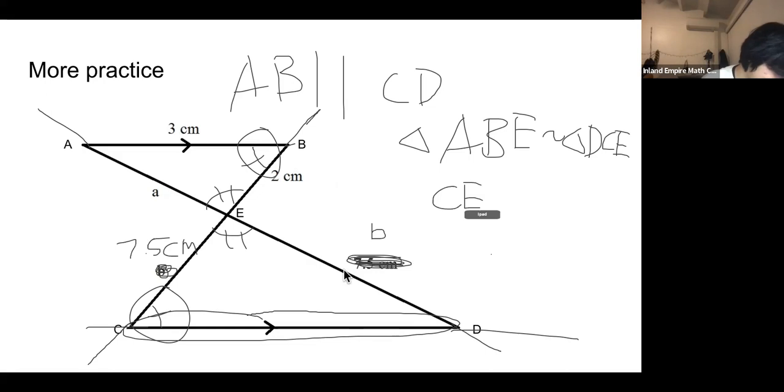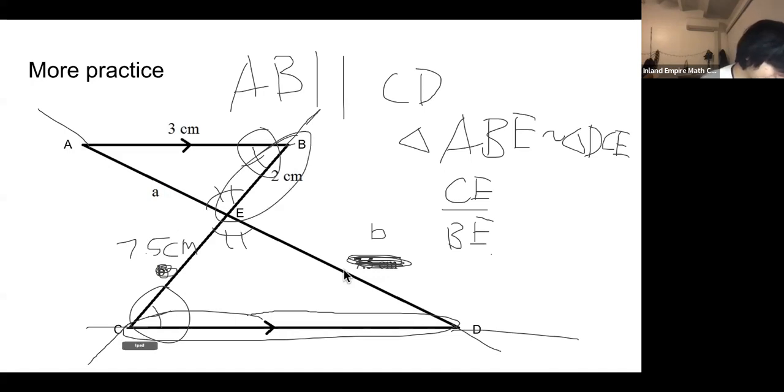So CE equals 7.5. Yeah. So basically, because CE equals 7.5, we get that CE over BE, because you have to remember that these are corresponding sides. So this side corresponds to that side.